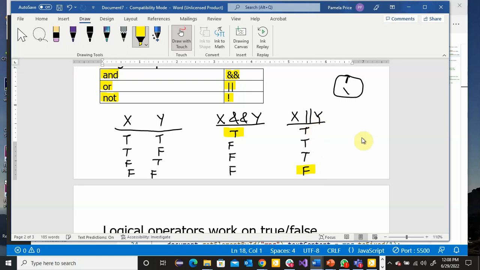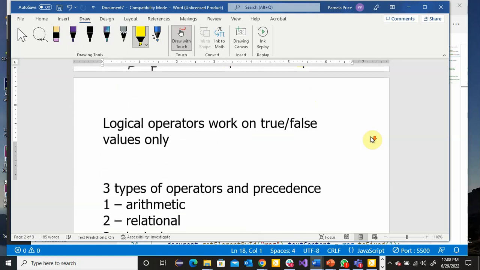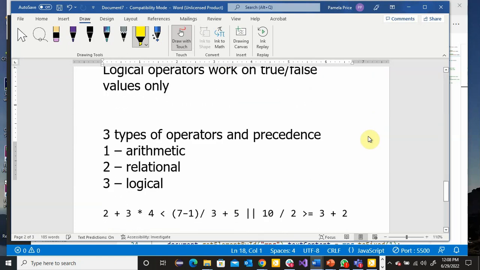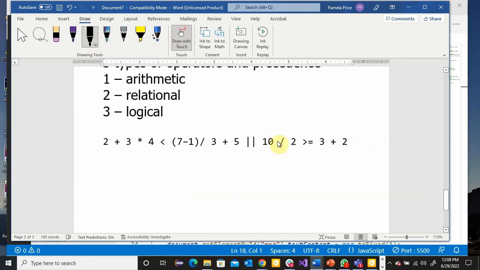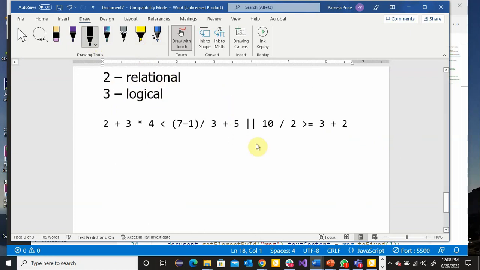Okay? Now, one last thing here before we move on. What do I do if I have an expression with all these different types of operators? So the order of operation is you do all the arithmetic first, then you do all the relational operators, then you do all the logical operators. So here is an example expression, and it looks like a whole lot of what do I do with this?